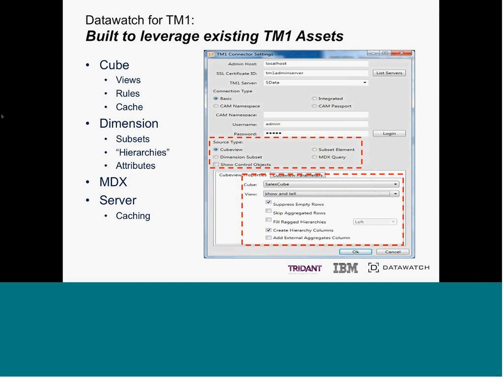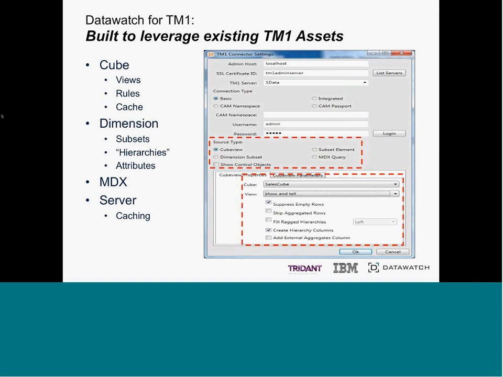For instance, on this screen, you can see in the first red dotted box, when you're setting up a connection between data and one of your TM1 instances, you're operating by default on a cube view and subset basis. We're going to let you build on those application foundational blocks that you've already constructed in your TM1 model, rather than forcing you to necessarily write MDX queries, though you can absolutely do that.